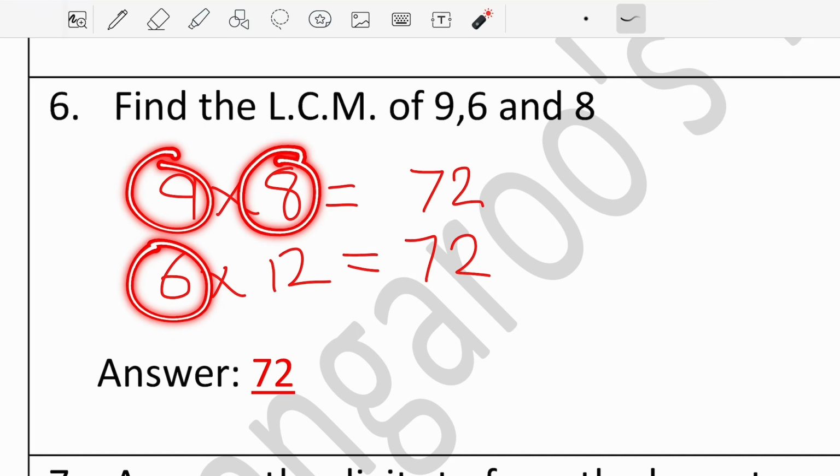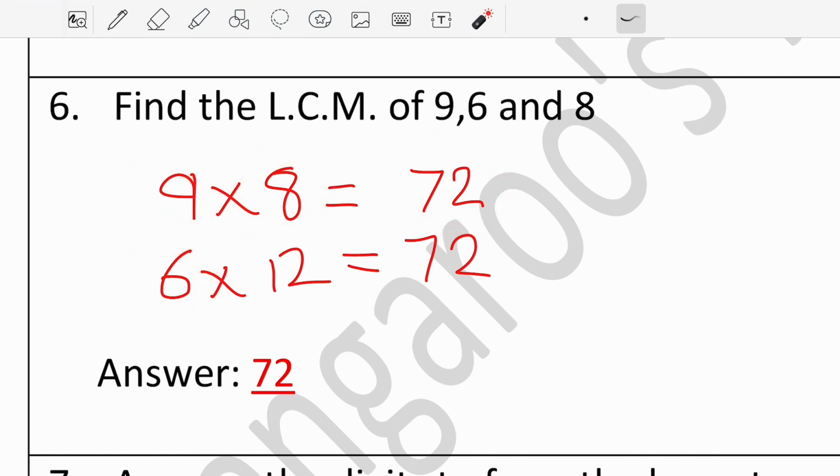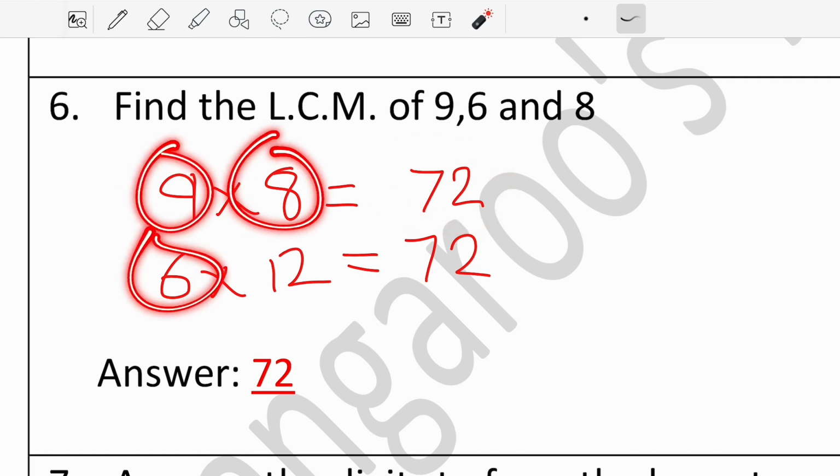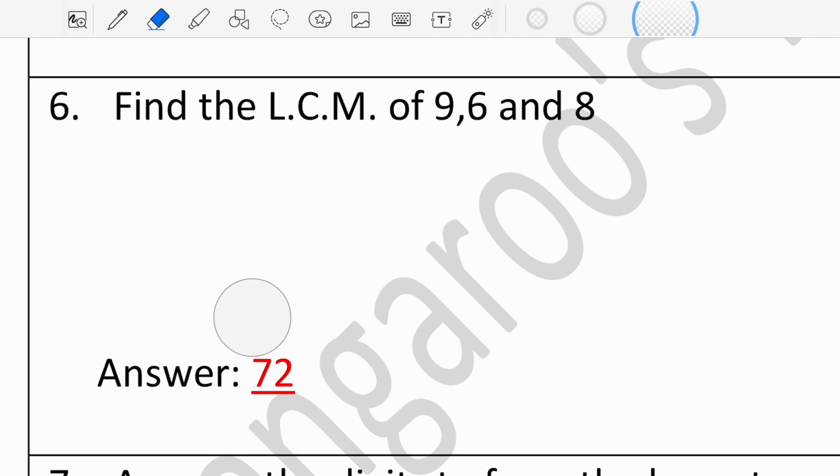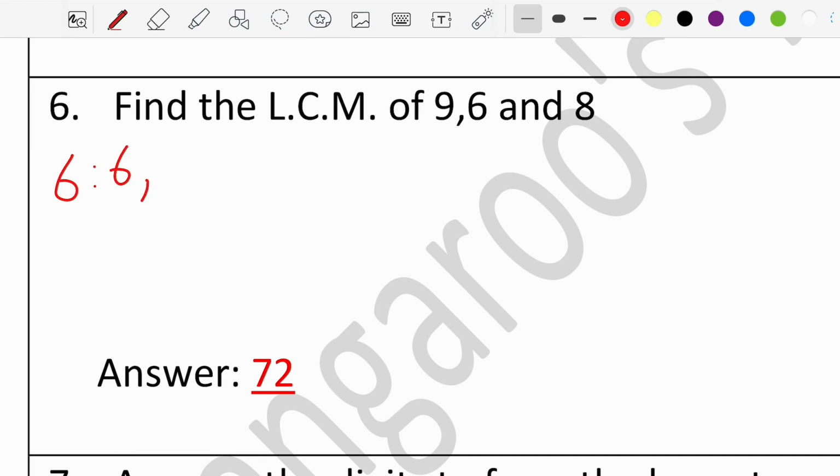Therefore, 6, 9, and 8 are factors of 72. Right? Another way we can work this out, we can say, let's list the multiples. So let's list the multiples of 6, which is 6, 12, 18, and we will eventually get 72.